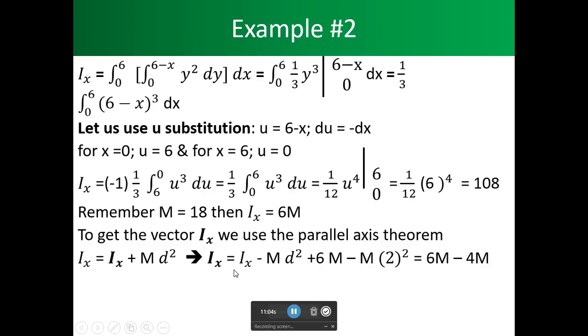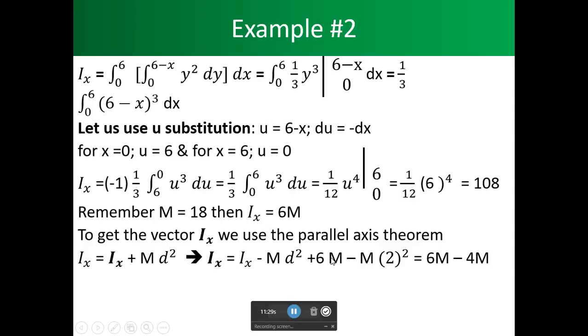And so we're going to solve for that. Let's solve for the vector, because we already have I of x. Now let's solve for the vector, I of x. And so we move the m d squared to the other side of the equation. So now we're subtracting that out.